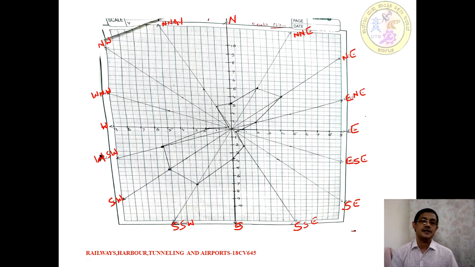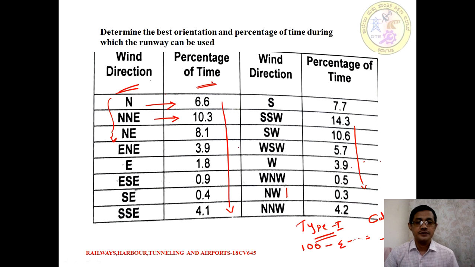See, as I explained in type 1, here is how we are going to plot type 1 of a Windrose diagram. For this given numerical, the highest value is going to be 14.3 here. Then the least value is going to be how much? Just look at this numerical, the least value is going to be 0.3.